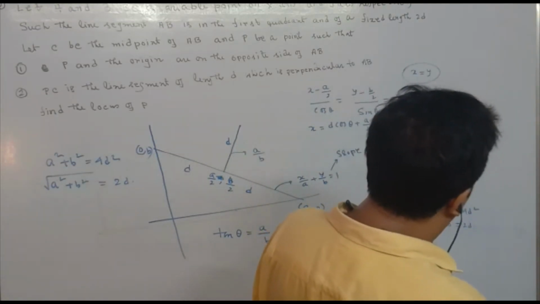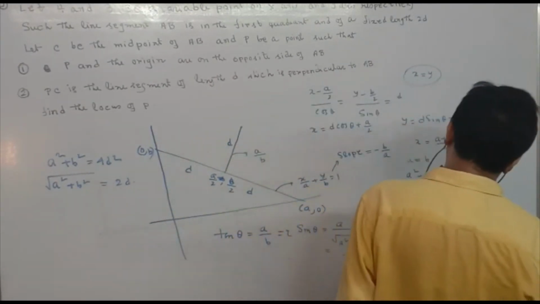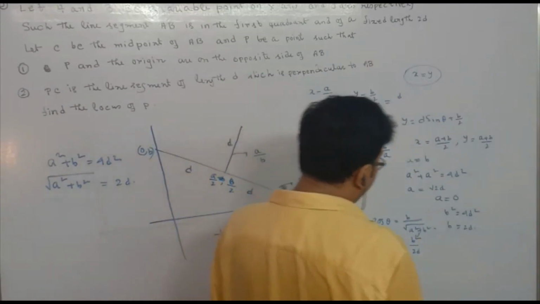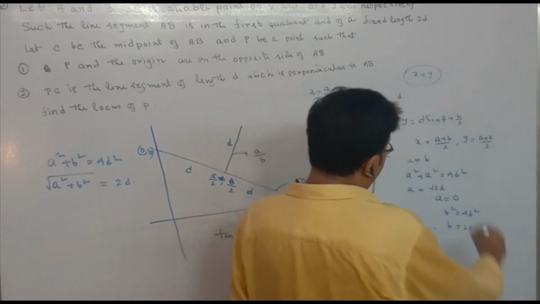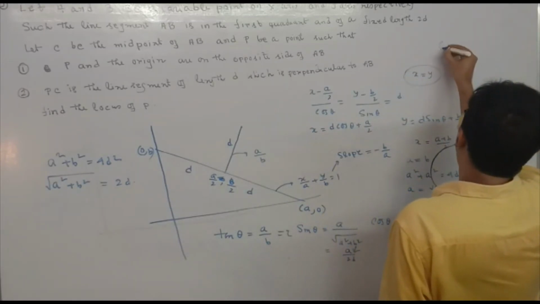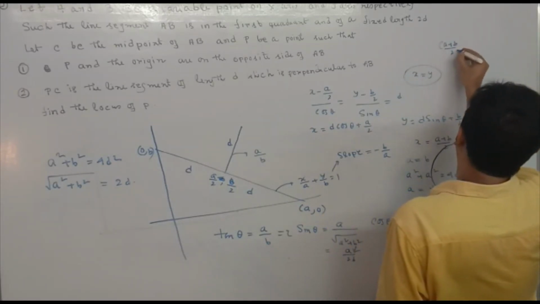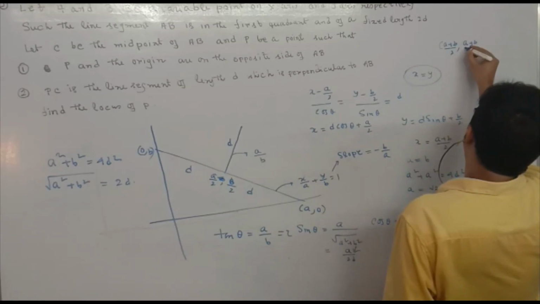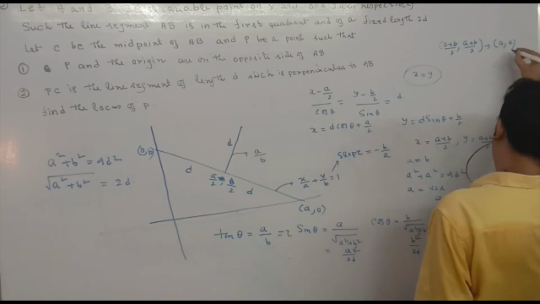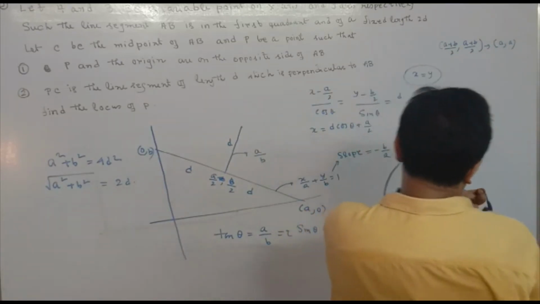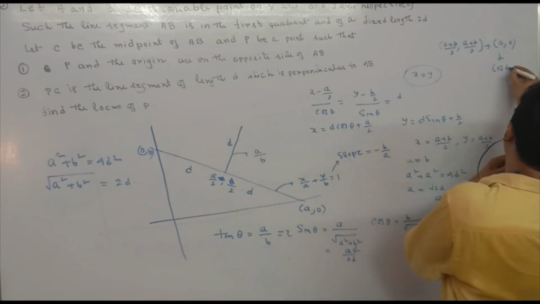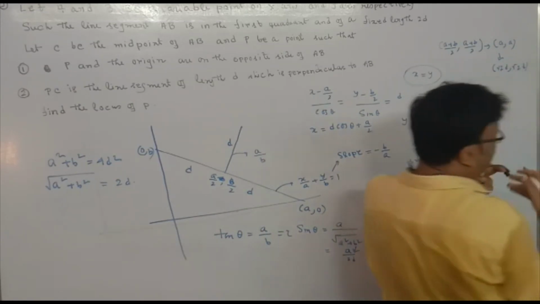Now, x equals a plus b by 2 and y equals a plus b by 2. If a equals b, that becomes a comma a, and when a equals root 2 D, that becomes root 2 D comma root 2 D.